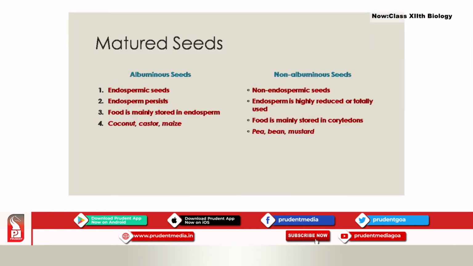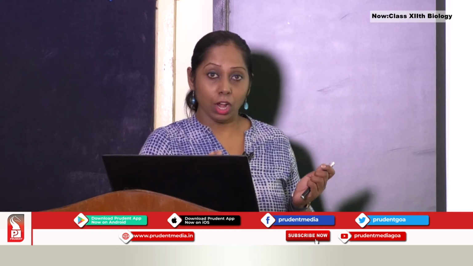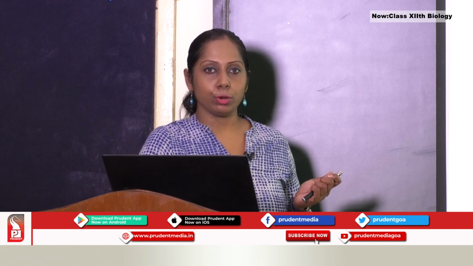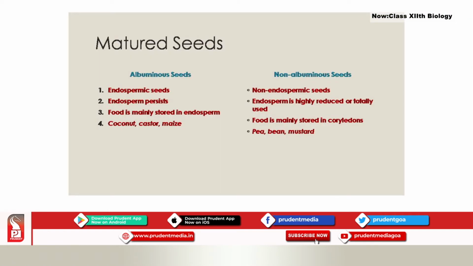But in a matured seed, when you have the endosperm which is still persistent and is still providing nutrients to the seed along with the cotyledons, this becomes an albuminous seed or an endospermic seed. And the non-albuminous seeds or non-endospermic seeds would be the ones where the endosperm is very much reduced or totally used up, and therefore these seeds are now going to be basically depending on the cotyledons.